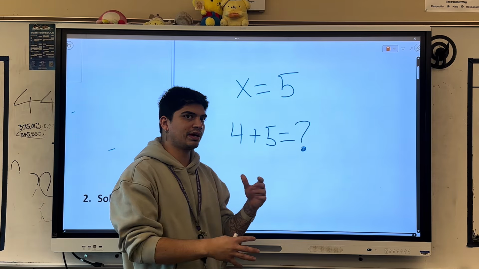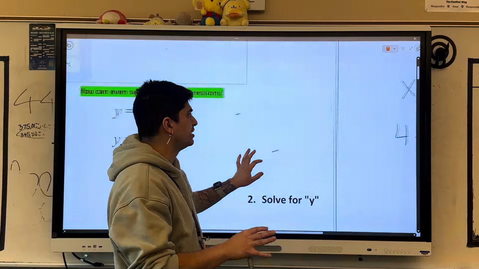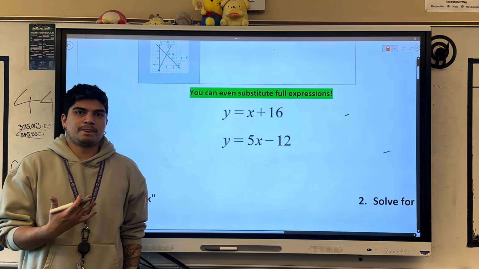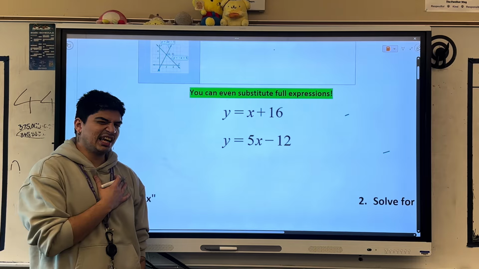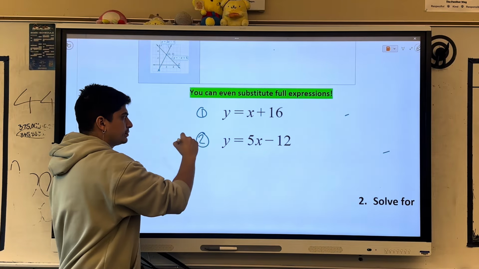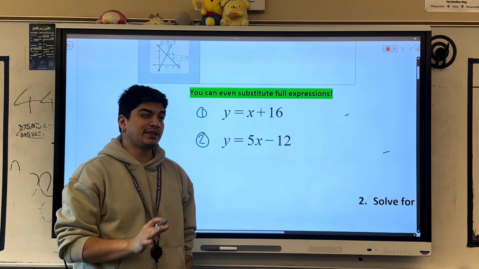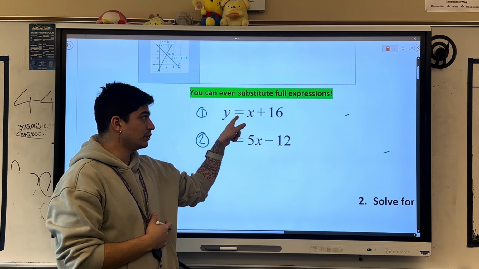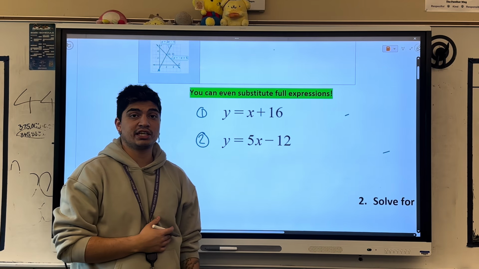But we're going to use that same idea to solve this. So think about it like this now. I'm going to make a claim. I have two equations, number 1 and number 2, and I'm going to read out that first sentence. I'm saying y is equal to x plus 16.